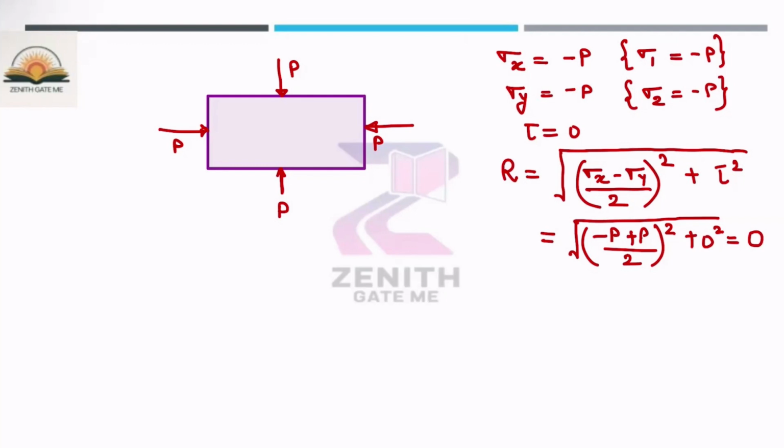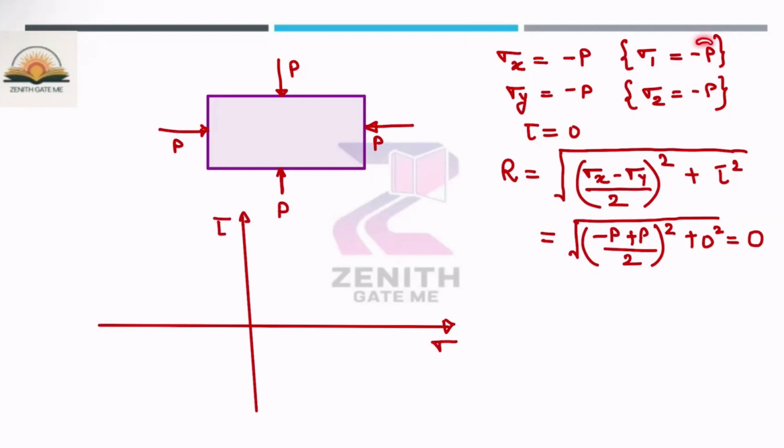Okay. So to represent the Mohr circle, the x-axis is the normal stress and the y-axis is the shear stress. Sigma 1 value is minus P and sigma 2 is also minus P. Let us suppose this is minus P. That means both points are acting at the same position.